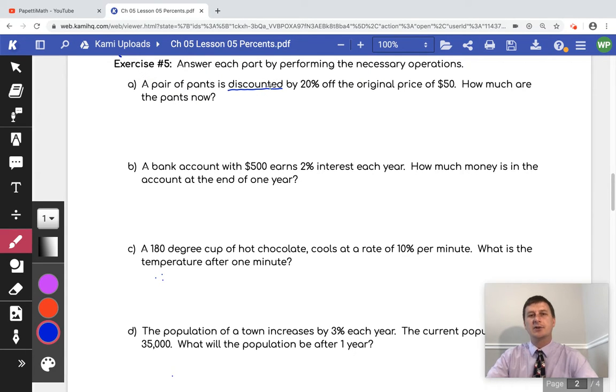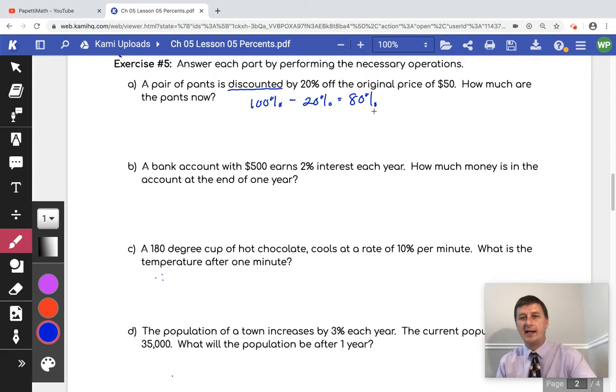If you subtract 20% from 100%, you're left with 80%. So really what you're paying is 80% of the original price. You're not paying the 20% that you're getting off, but you are paying the 80% that's left over after you take the 20% off. Does that make sense? Good.